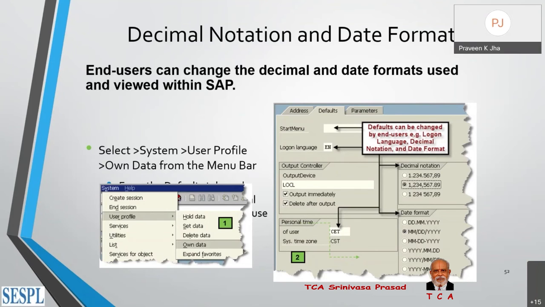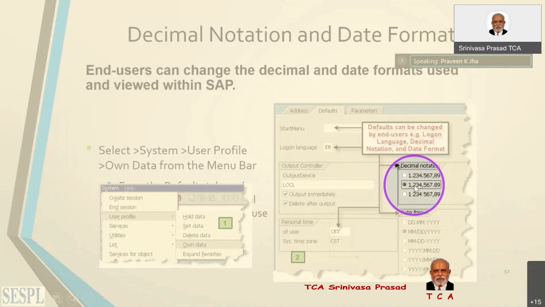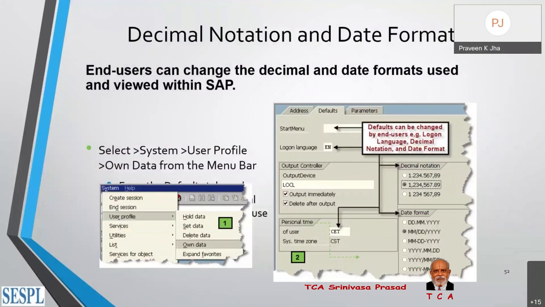In which format you want to put the numbers, you can select here, and based on that your report will come. Same way for the date, which type of date format you want, that option is also there. You have to select it here. Yeah, this is called the decimal notation. Here you find the different types of decimal, and below that there is the date format: in which format you want to put the date in your report.